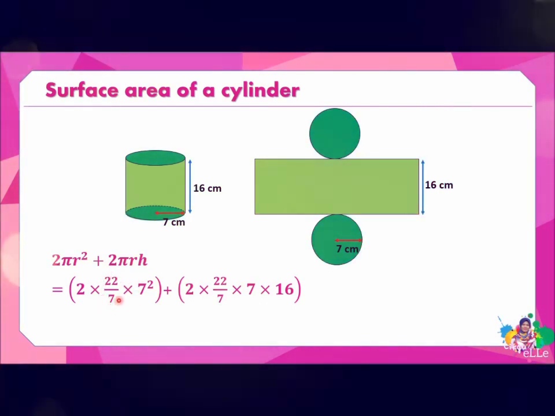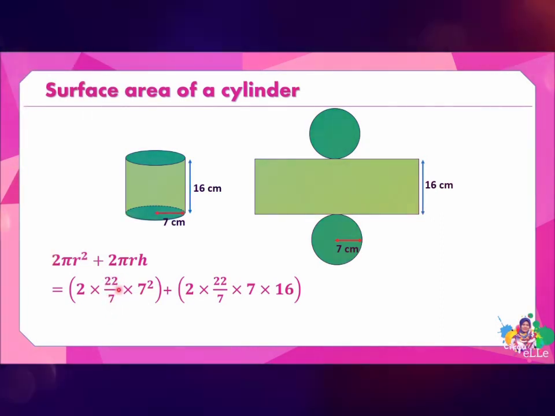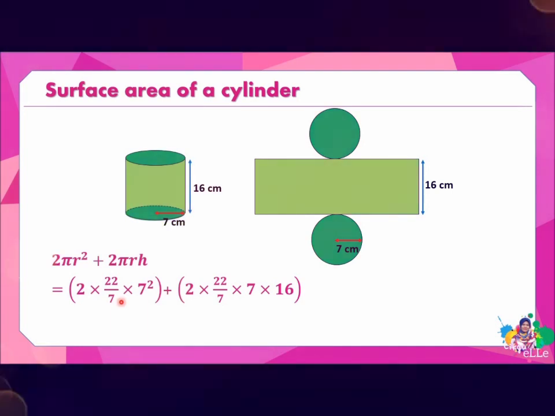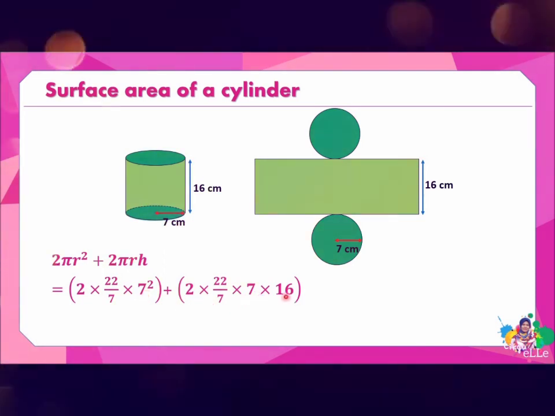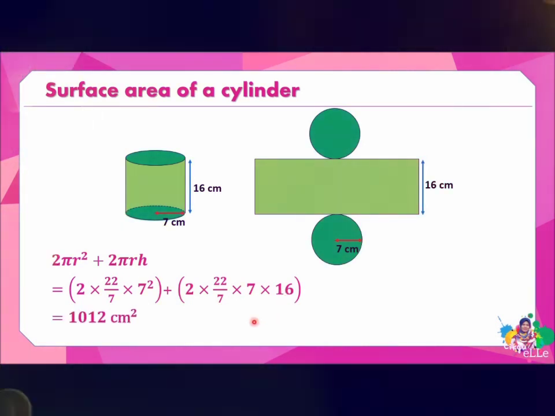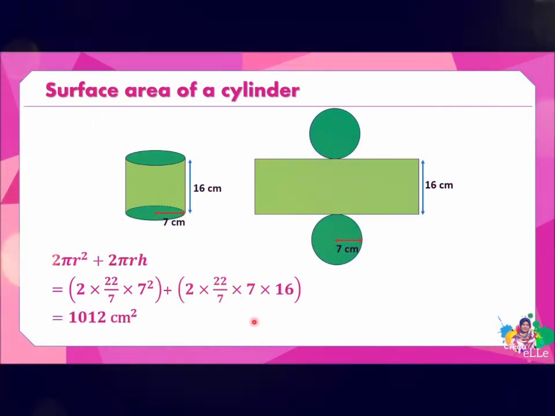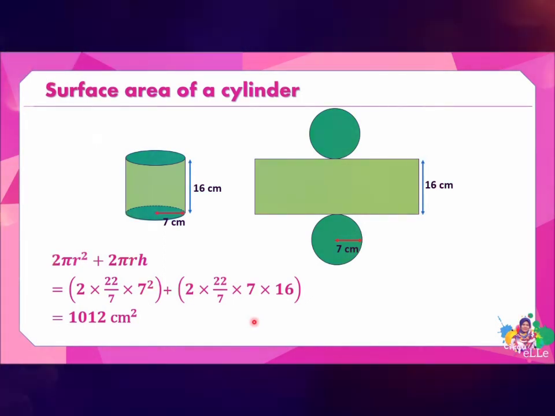In this case, we substitute the value of pi as 22/7, the radius 7 cm, and the height of the cylinder 16 cm. Then you will get the answer 1012 cm square for the surface area of this cylinder.